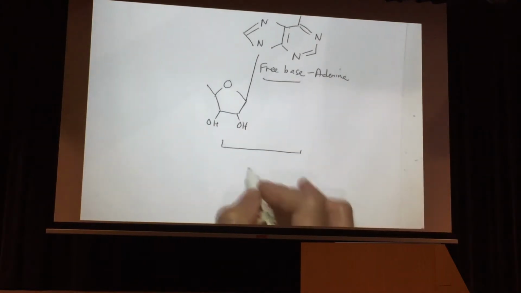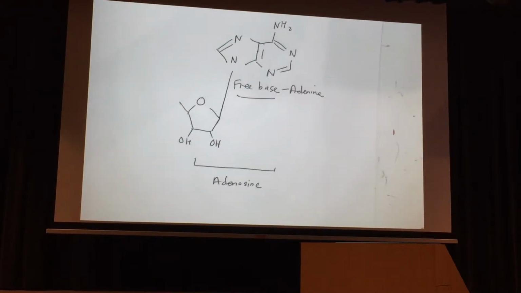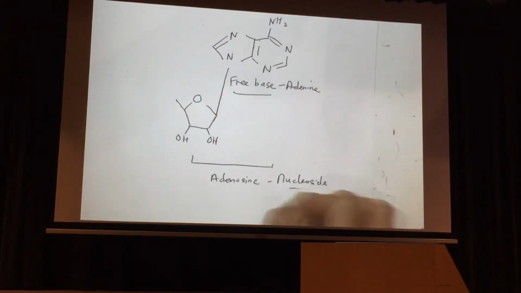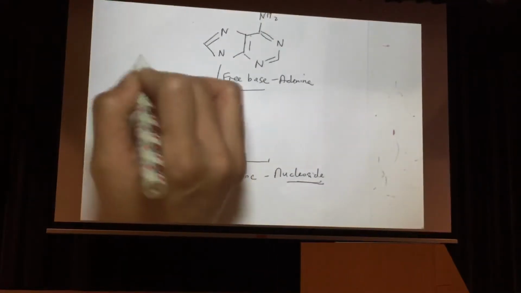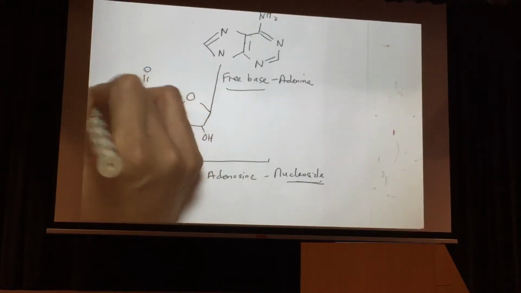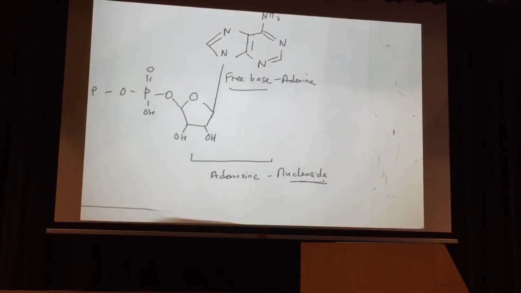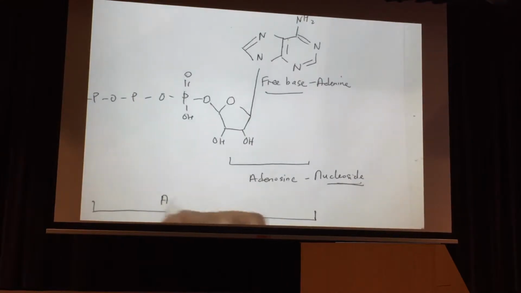And then when we add on the ribose sugar, what do we call it? Adenosine. And what is this? This is a nucleoside, correct? And finally, when we add on the phosphates, you can have 3 of these, and then this one will become ATP, adenosine triphosphate, and this is your nucleotide.